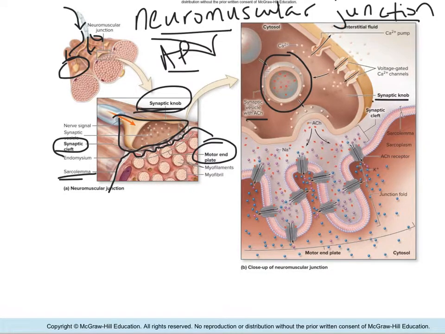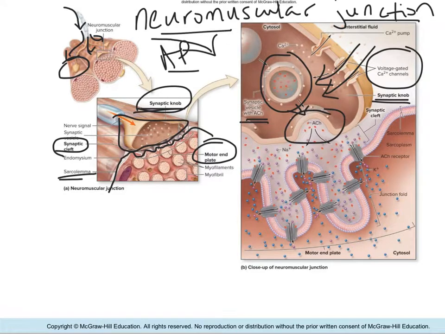It'll get to the synaptic knob, and when it gets here, it opens voltage-gated calcium channels, which means calcium then rushes into the synaptic knob of that motor neuron. And when calcium enters, it interacts with the synaptic vesicle, which causes it to merge with the membrane of the synaptic knob. And by exocytosis, acetylcholine is released.